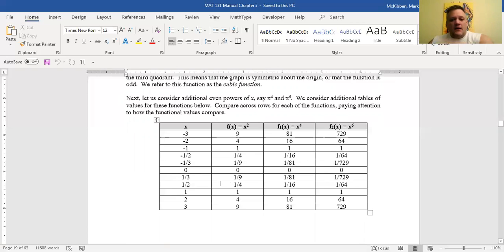So that's fine. But notice that if you square or raise it to the fourth, if you raise that number to a larger power, the result gets smaller. And so these values are going to be smaller than what the corresponding input would be.